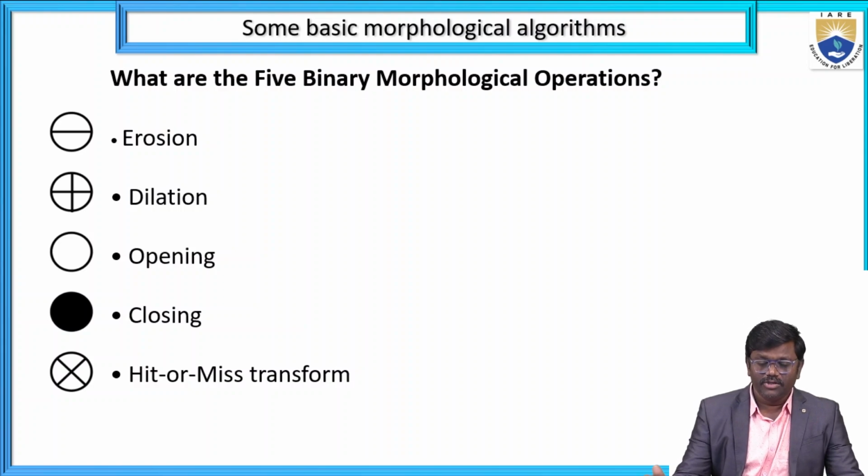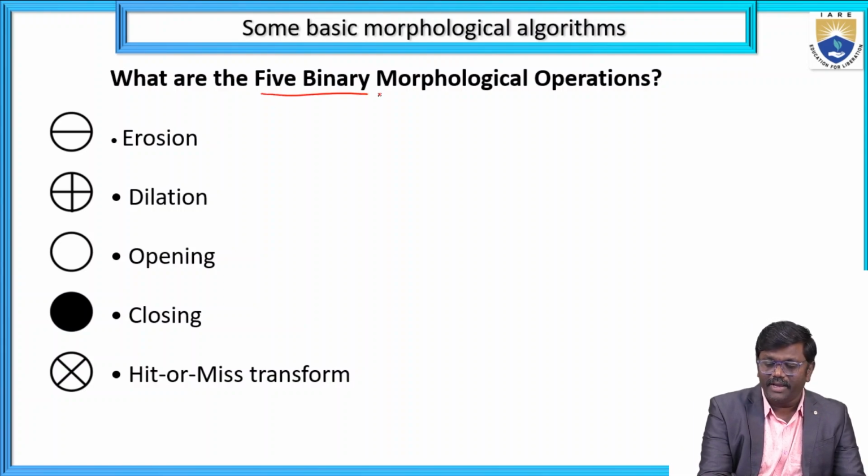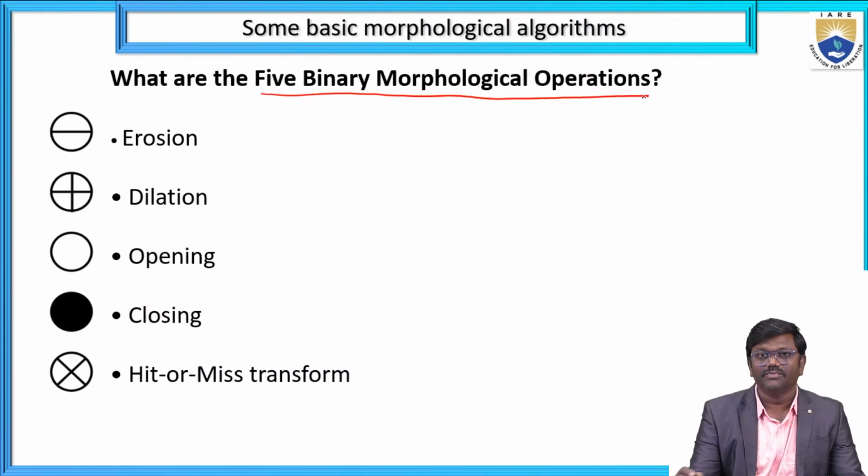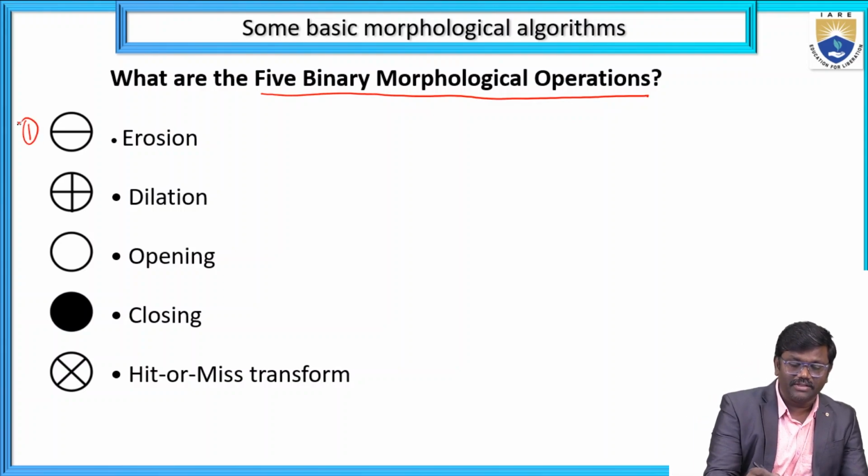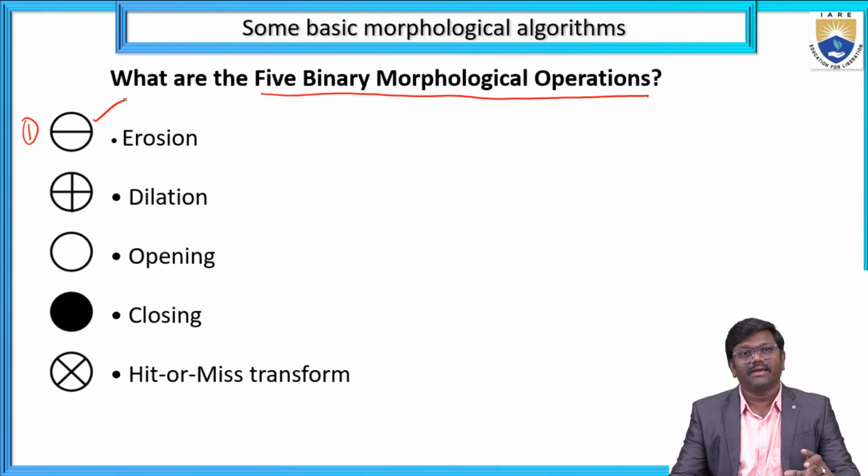The binary morphological operations can be listed here. Number one is erosion, which has its own symbol, the symbol we apply for the operation.